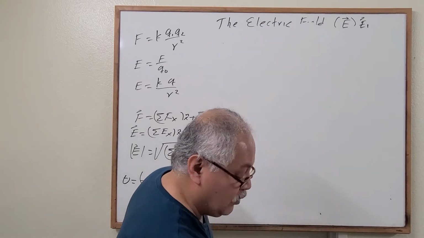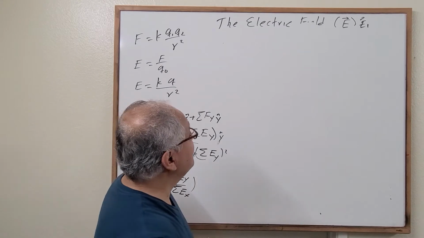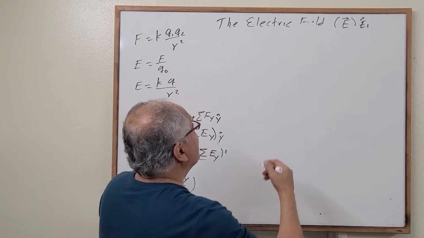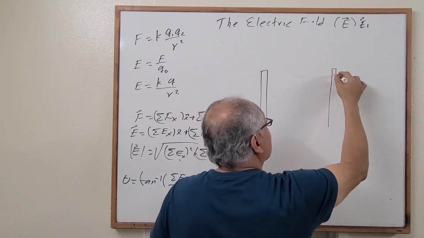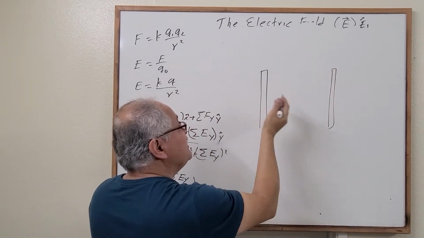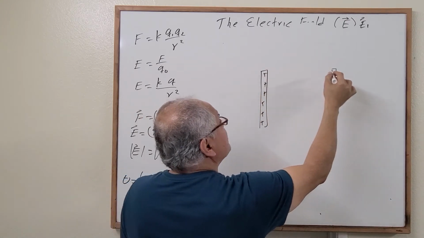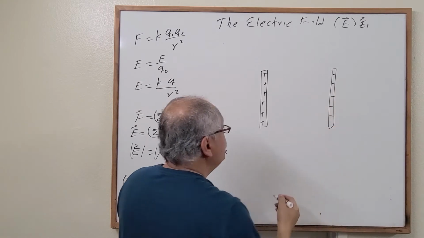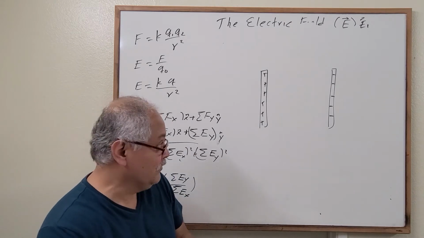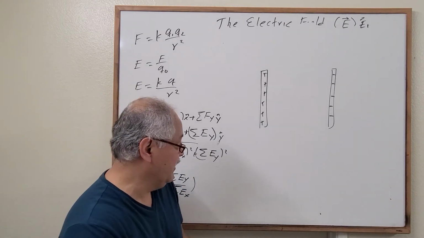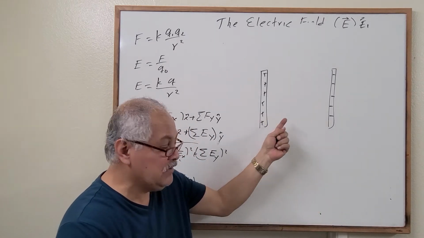Another example is this one. Imagine that we have, one more time, two plates. Imagine this is positive charge and this is negative charge. Usually when we have two plates like this, they have the same charge, but one is positive, one is negative. What happens? How is the electric field between these two plates?